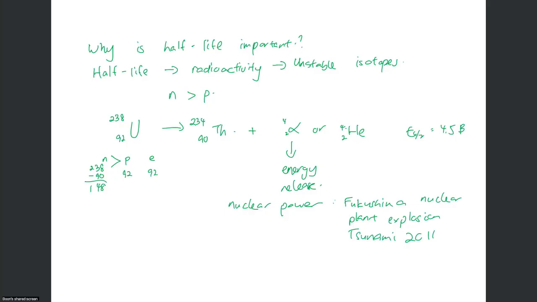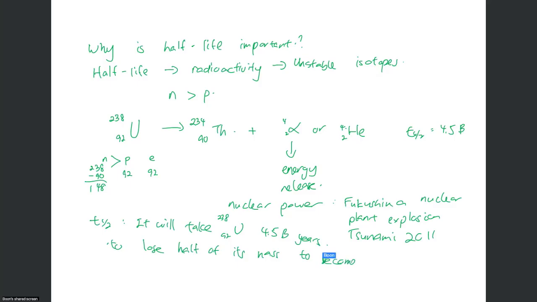What this T half means is, it will take uranium 92, 238, 4.5 billion years to lose half of its mass to become 234, by mass.